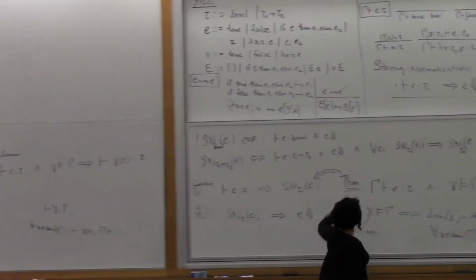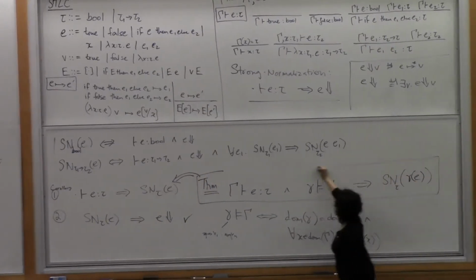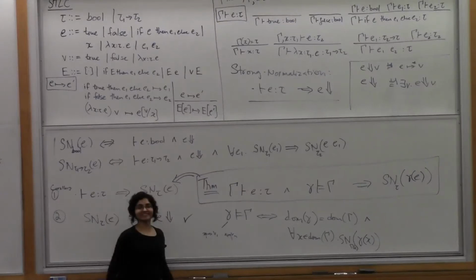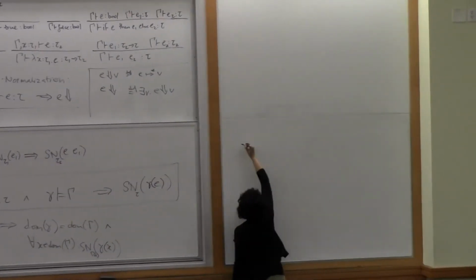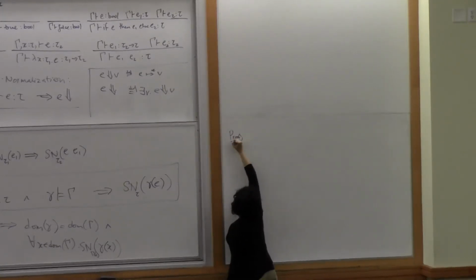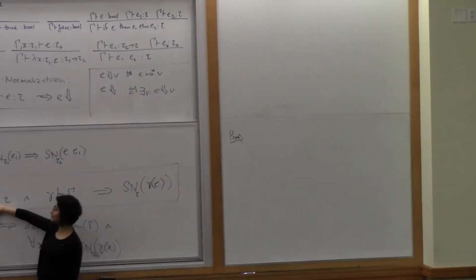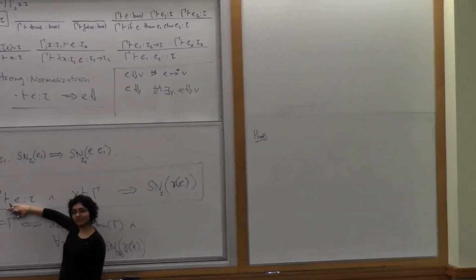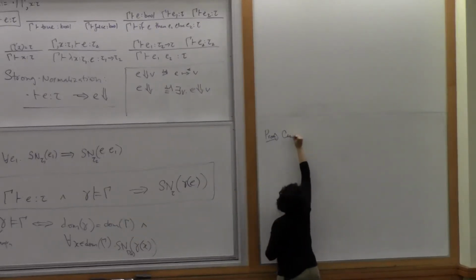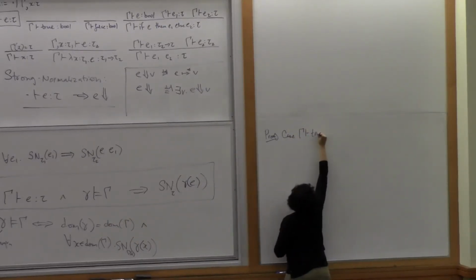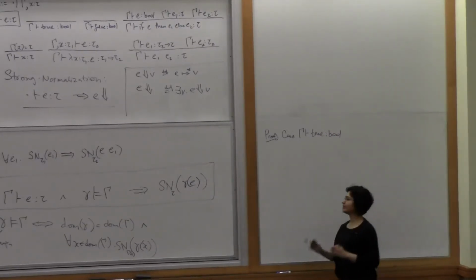Okay, so let's prove this theorem. We're going to prove it by induction on the derivation. Let's do a really trivial baby case first: the case where E is just true. What do we have to show?